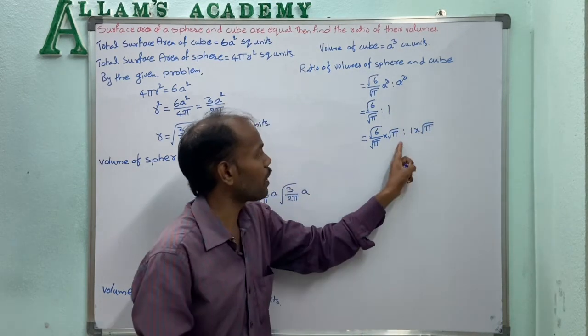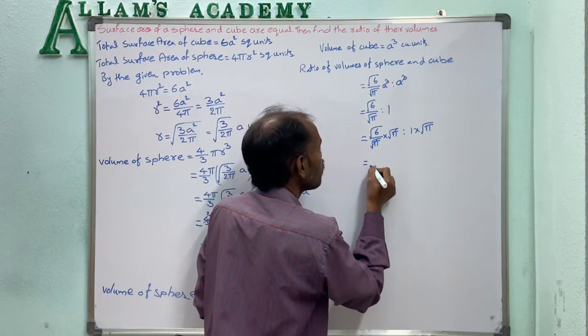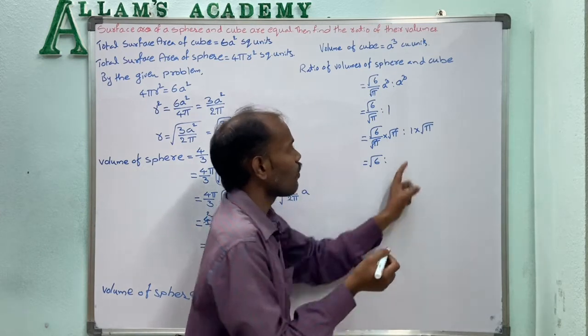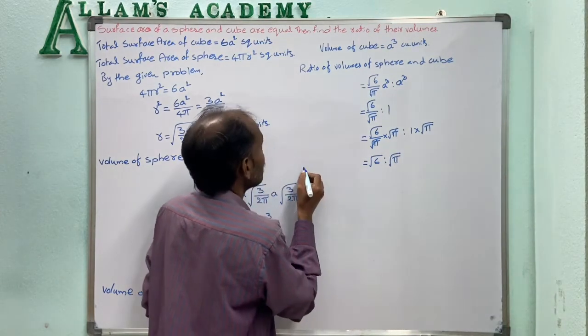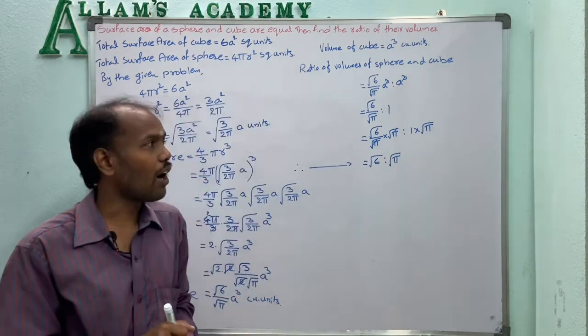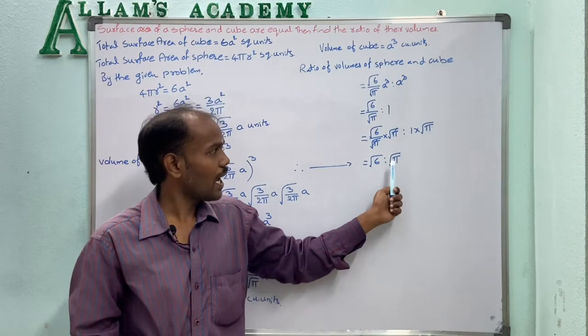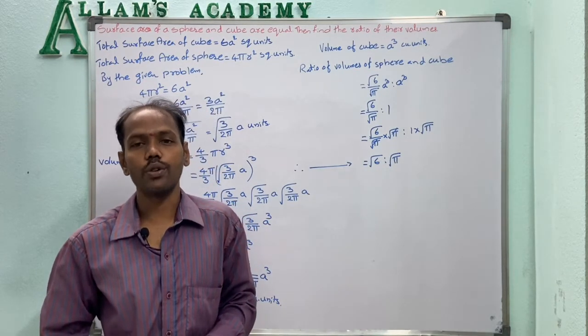So root pi in the numerator and denominator gets cancelled. That means root 6 is to 1 into root pi, which is nothing but root pi. So the ratio of volumes of sphere and cube is root 6 is to root pi.